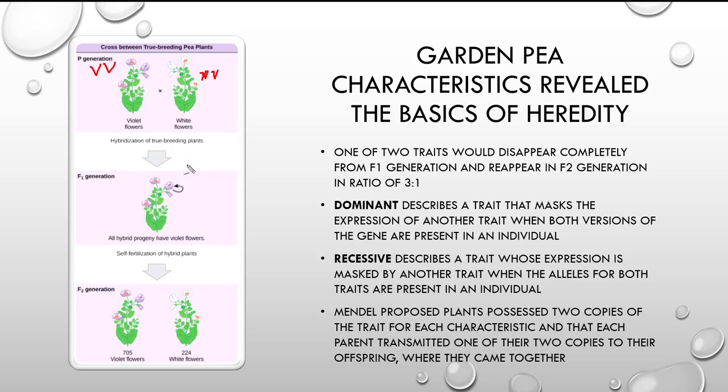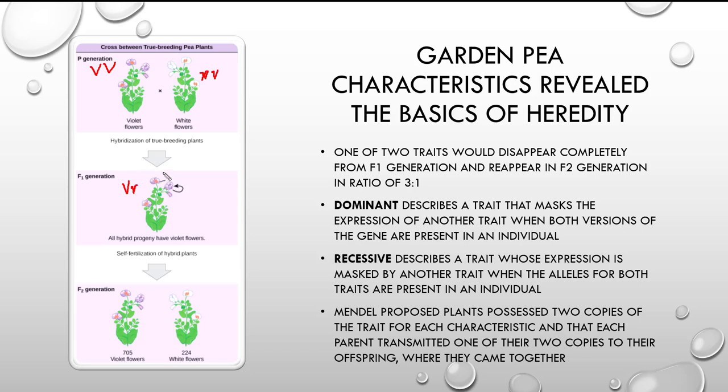Then remember meiosis, we take a diploid cell and we make haploid gametes from it, right? So we're only passing on one of these genes to the next generation. One copy goes into the sperm, one copy goes into the egg, or vice versa. So this V is going to go down here into this plant, and this v will go down here into this plant.